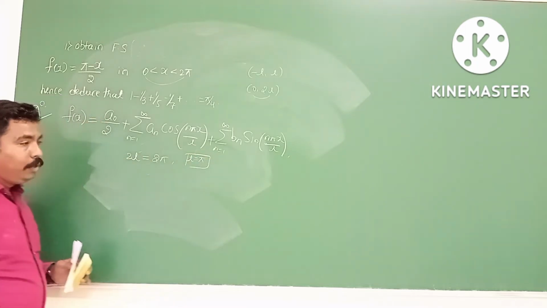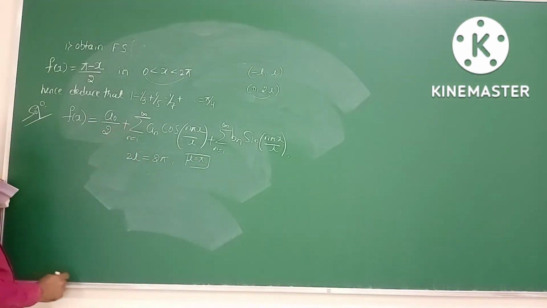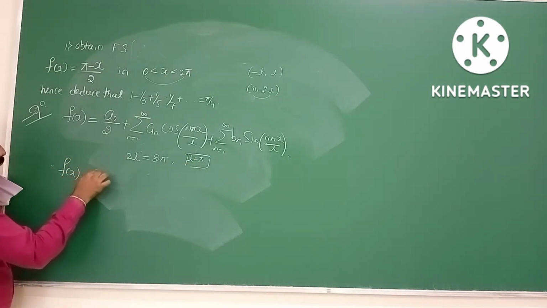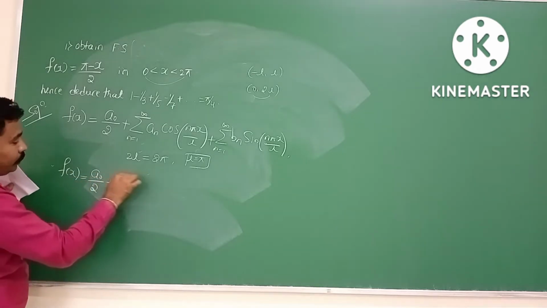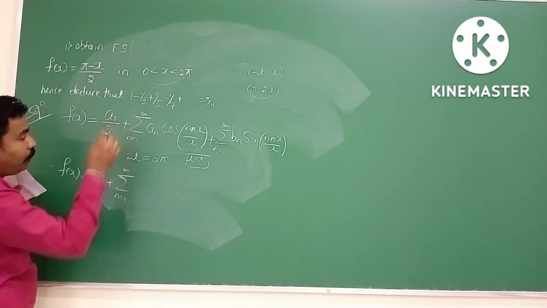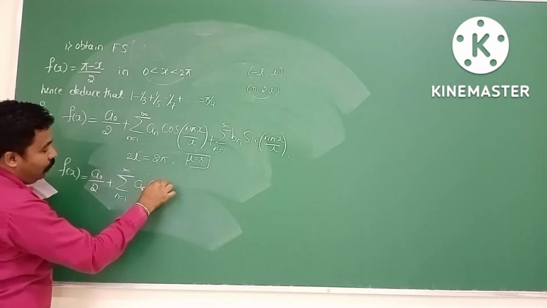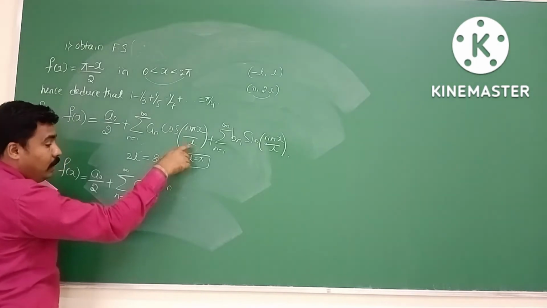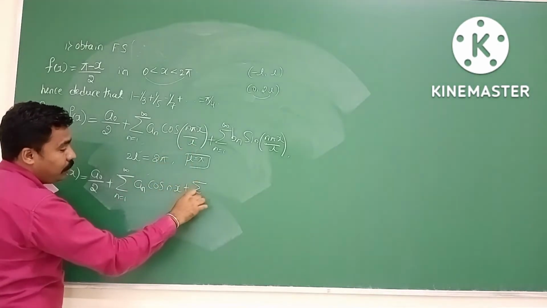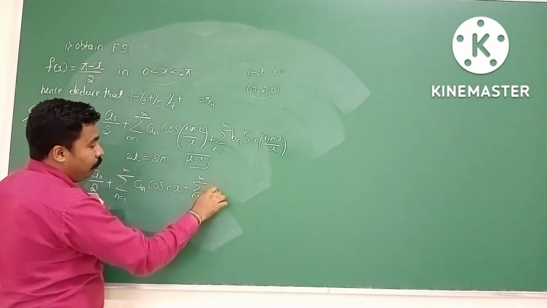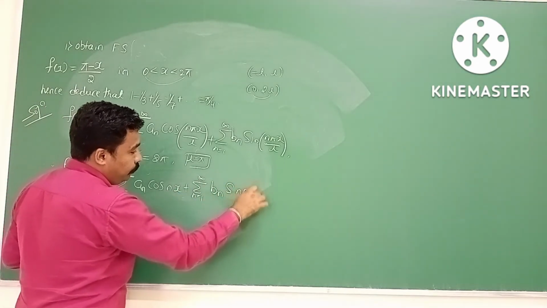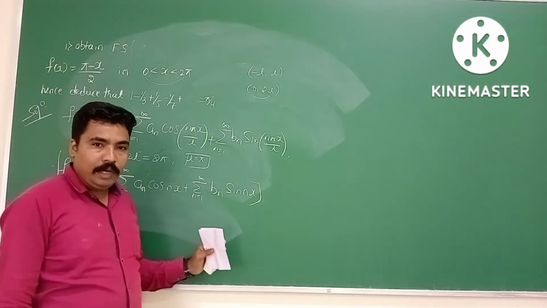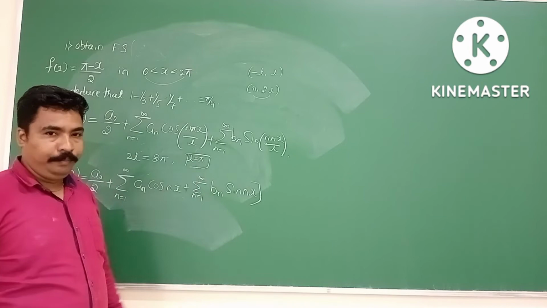So I will rewrite the above Fourier series for this L value. f of x equal to a0 by 2 plus summation n equal to 1 to infinity an cos(n pi x by pi). Pi will cancel, so it is cos nx, plus summation n equal to 1 to infinity bn sin nx. This is the standard form of the Fourier series for the given problem.